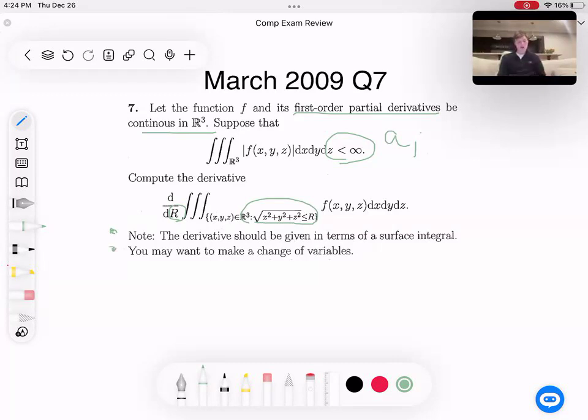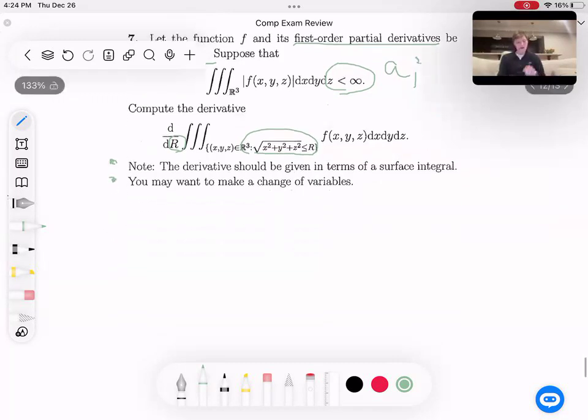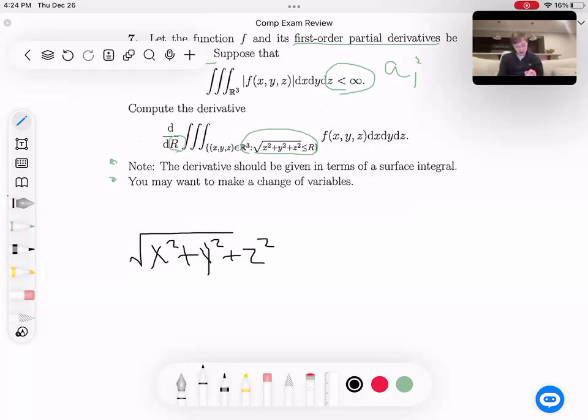Okay, so let's take a look at what we have because there's a lot going on here. We notice that they're introducing this new variable capital R here, so we can take a look at this inequality. We have x squared plus y squared plus z squared is less than r, right? This is really a solid sphere.